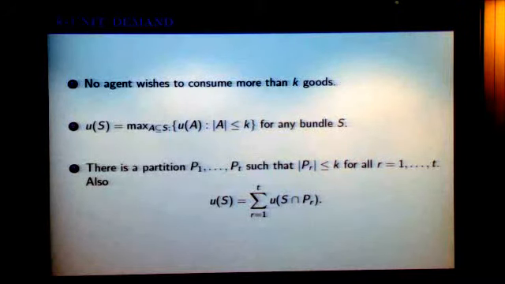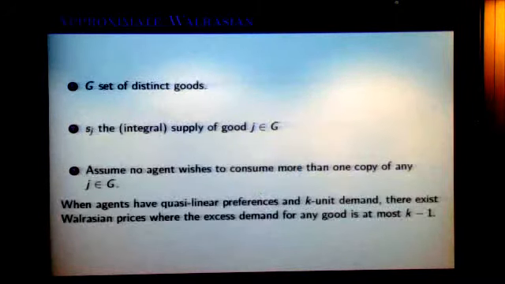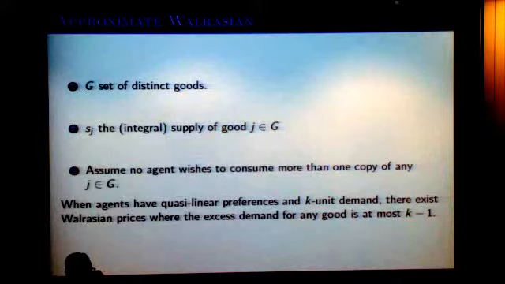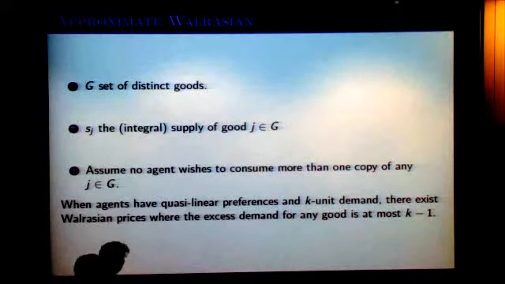Now let me give you an example of the kinds of results that we get. Imagine you have a set of distinct goods, and S sub j is the integral supply of good j. Assume no agent wishes to consume more than 1 copy of any particular good. This is just for accounting purposes. What's the result?